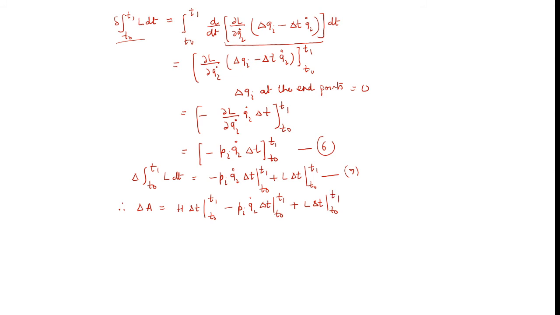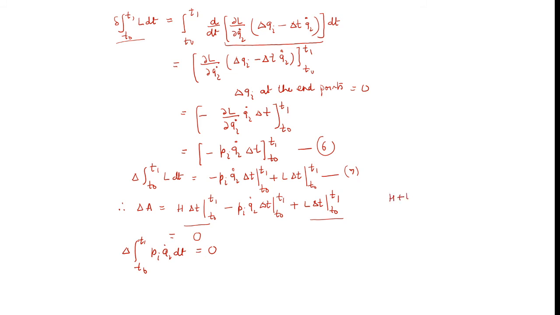Now what is this one? Using the relation between L and T, this is 0. So I get the action integral, ∫ from t0 to t1 of pi qi dot dt, is equal to 0.